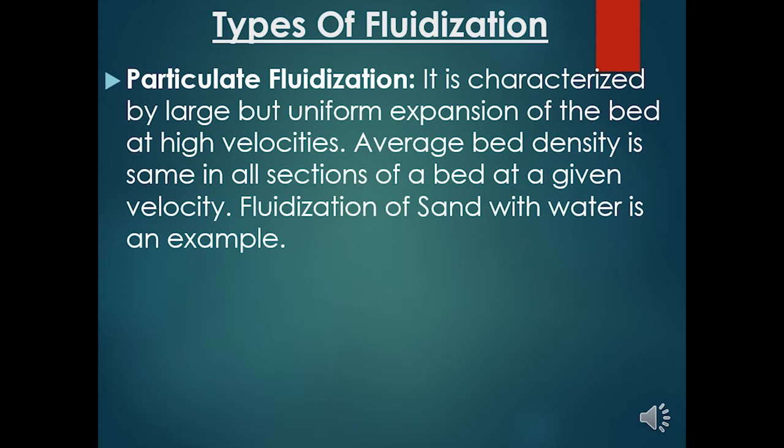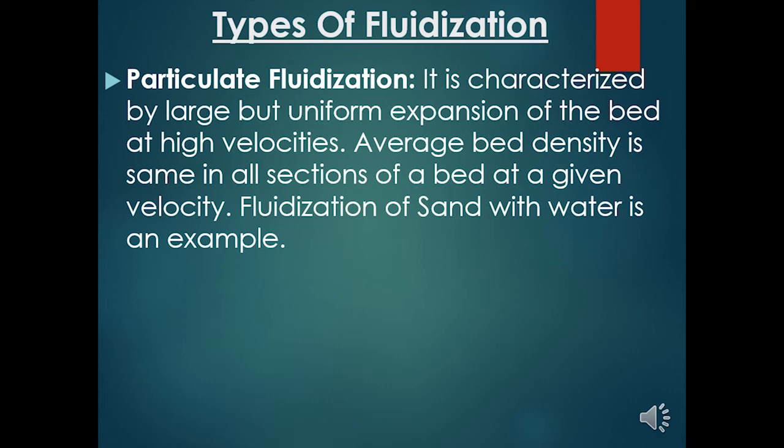The first type, called particulate fluidization, is characterized by a large but uniform expansion of the bed at high velocities. When the velocity is increased, there's a large expansion of the bed, so the bed particles move throughout the fluid at a greater distance.